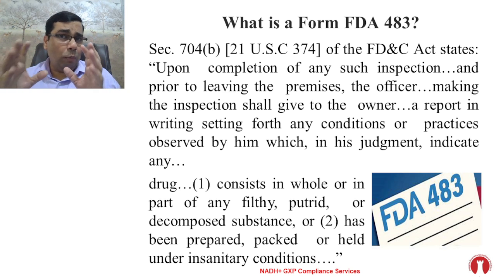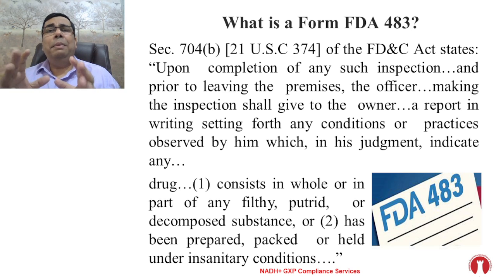Now there are some obligations under this FD&C Act for FDA, that after completion of any inspection and before leaving the site, the officer, meaning the FDA inspector, should prepare that report and give it to the owner.